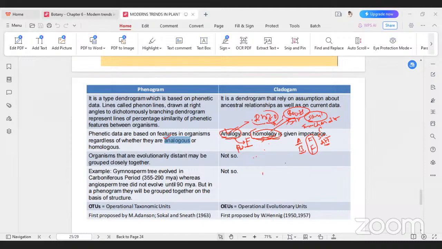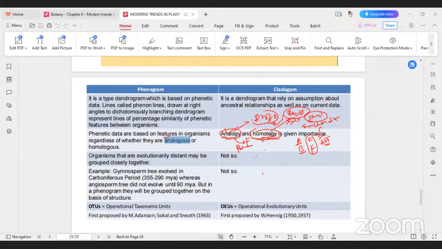Example: mouth parts of cockroach, honeybee and butterfly, forelimb of man and bat. In botany, thorns of bougainvillea and tendrils of cucurbita.